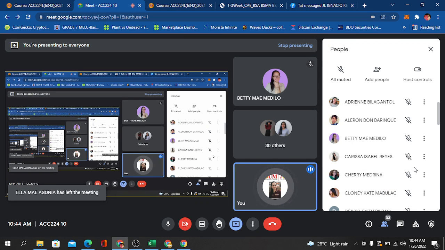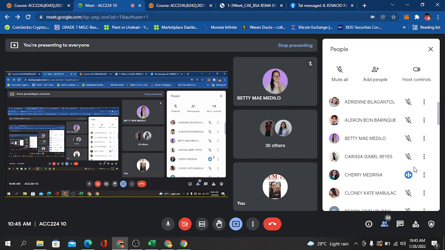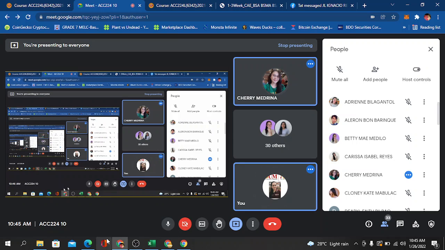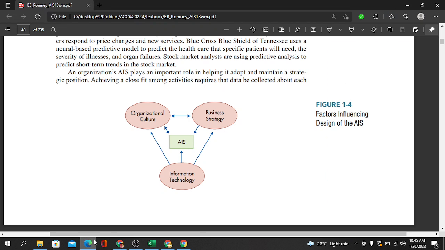Medelio. Reyes. Wala. Medrina? Yes po, ma'am. I think po, ma'am, it influence the design of the AIS because depende din po siya sa mga business activities po.